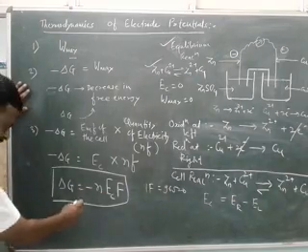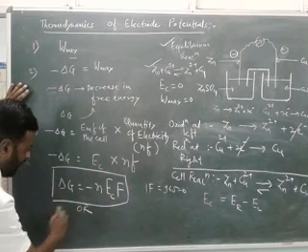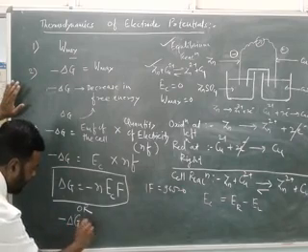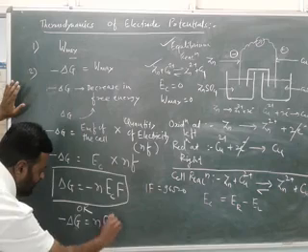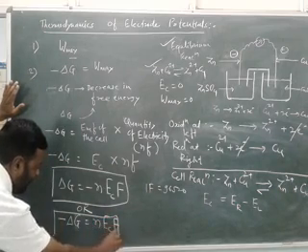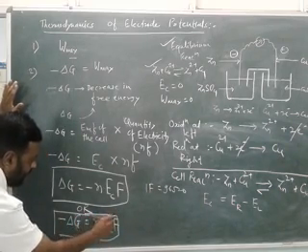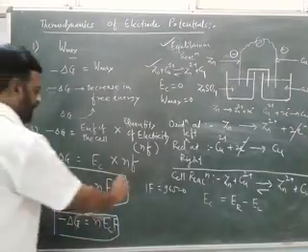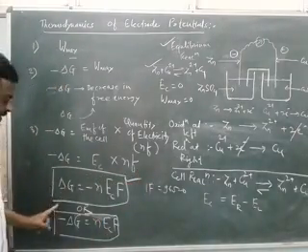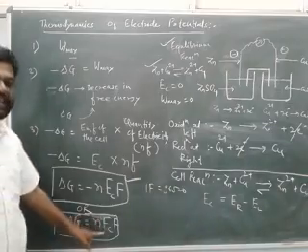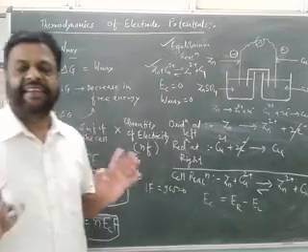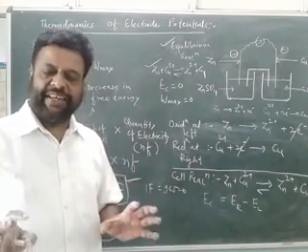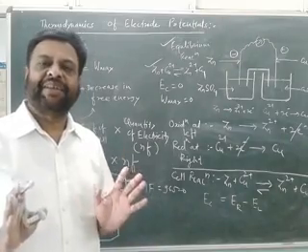Now we see here, minus delta G is equal to n Ec F. So by using this equation, this equation represents the decrease in free energy and EMF of the cell.